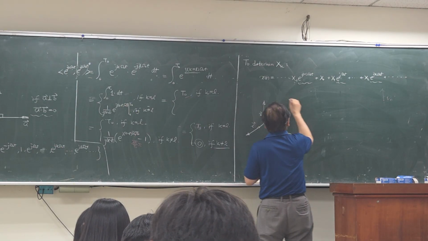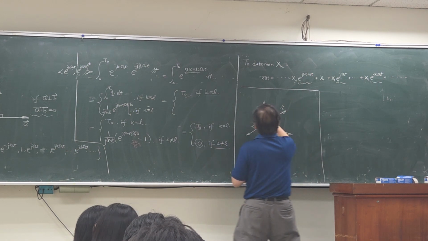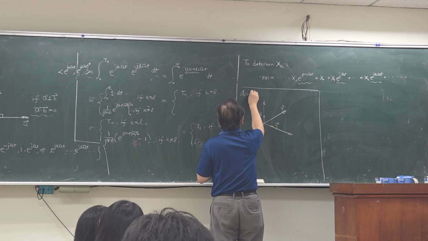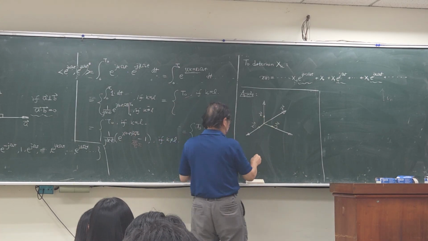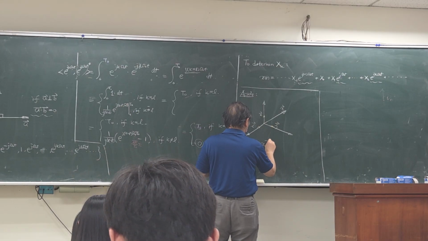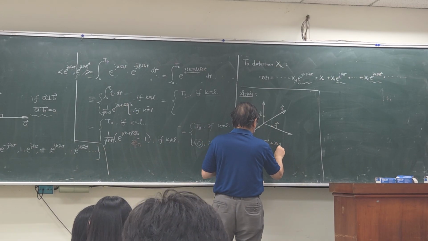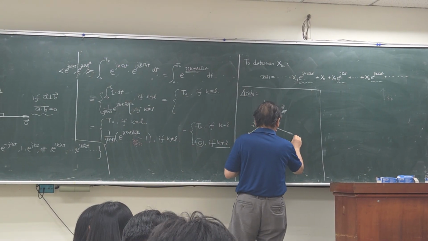Let me open the slide. So this vector x can be written as x1 times i plus x2 times j, and then plus x3 times k.